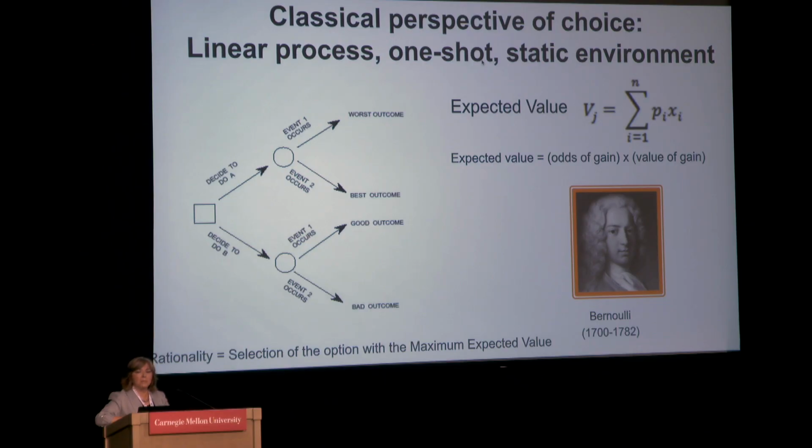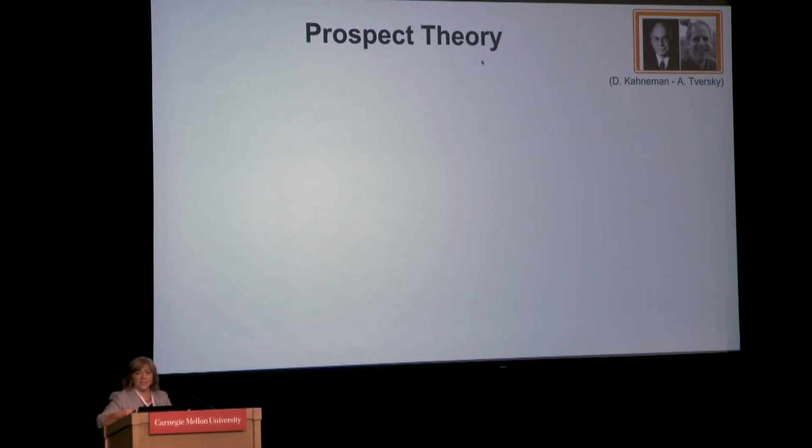What are the outcomes that we are going to get? And therefore, we can calculate an expected value for each of the 2 options and presumably select the option that has the highest expected value. So that's classical utility theory, but we are here also to discover that this is not the way humans make choices. The way humans make choices from the very beginning was contested as not being utility-based.